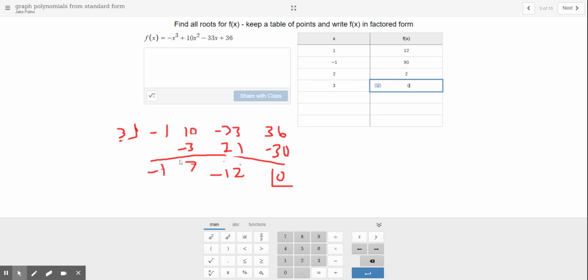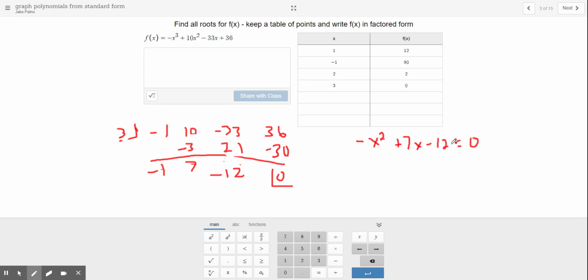All right, and so now I have this quadratic down here. Add the x's back on, right? So I have negative x squared plus 7x minus 12 equals 0.